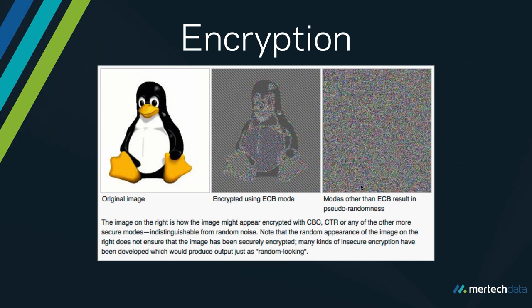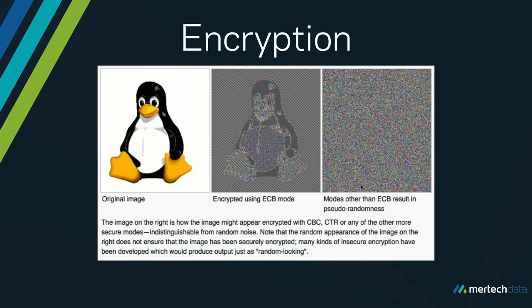The third pane here, which is using either CBC or CTR mode, appears to be random data. And that's what you, in general, want to see from a proper encryption protocol. You want to see nothing that tells you anything about what is even encrypted.